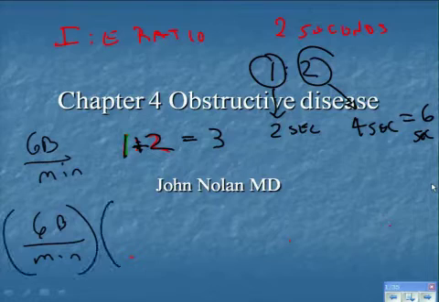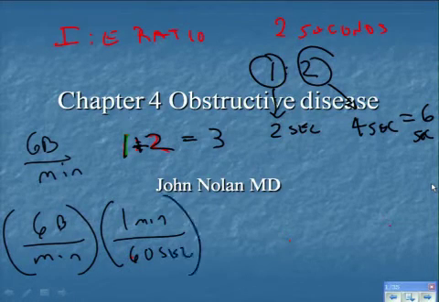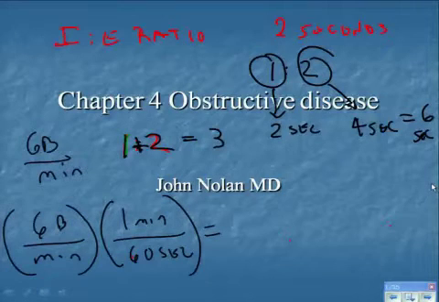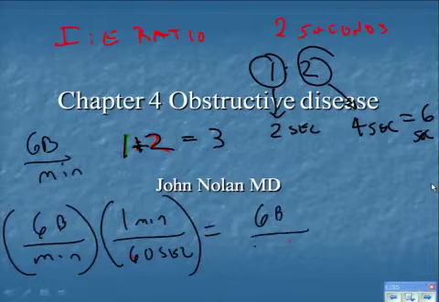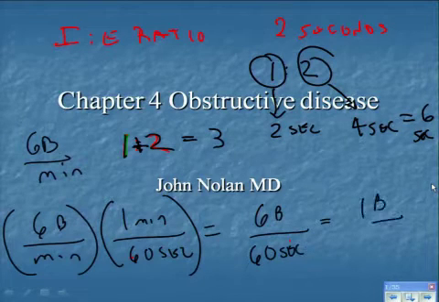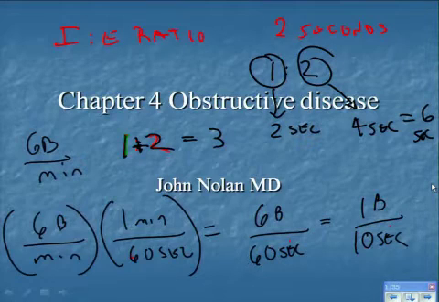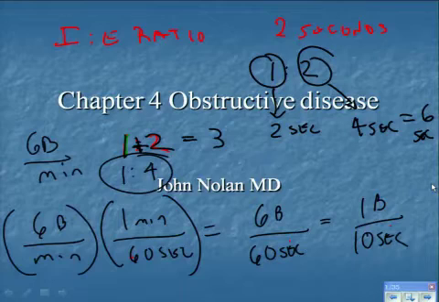1 minute is 60 seconds, which gives me 6 breaths per 60 seconds, so 1 breath every 10 seconds. My ratio, instead of 1 to 2, is going to be 1 to 4. That's where I should be.